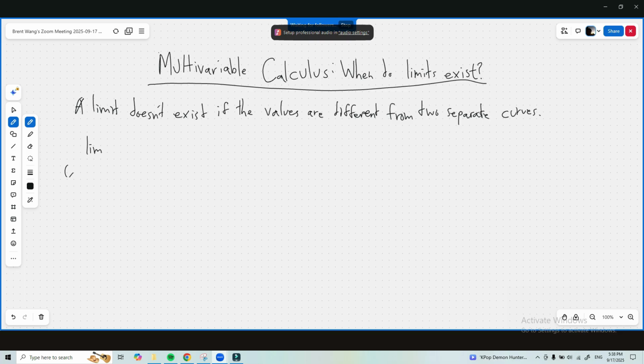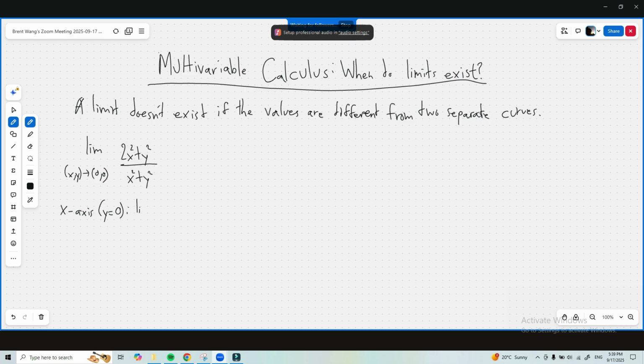The limit as (x, y) goes to (0, 0) of (2x squared plus y squared) over (x squared plus y squared). Let's first try along the x-axis, which is when y is equal to 0.